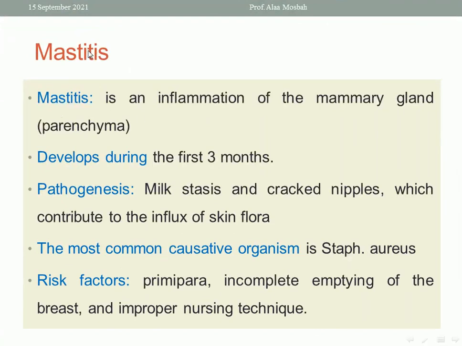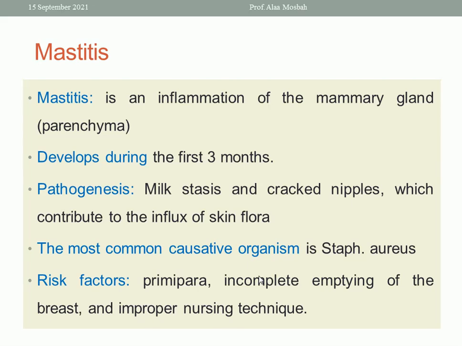What about mastitis? Mastitis is the inflammation of the mammary gland that develops in the first 3 months due to milk stasis or cracked nipples, which contribute to the influx of skin flora. So the organism enters through the cracks in the nipple, and the presence of milk stasis, which is a good media for organisms due to breast engorgement.